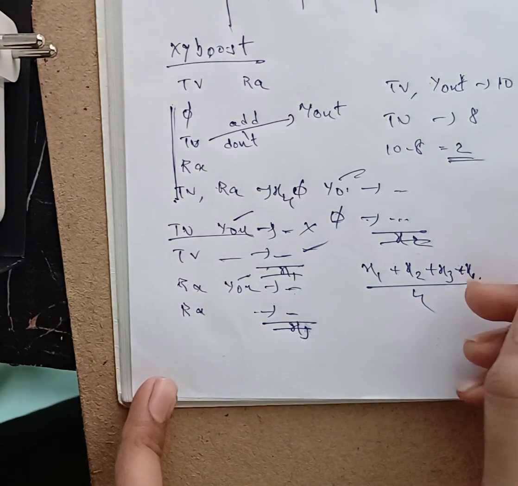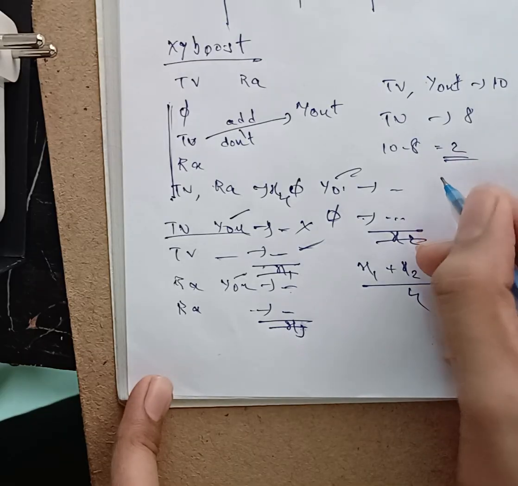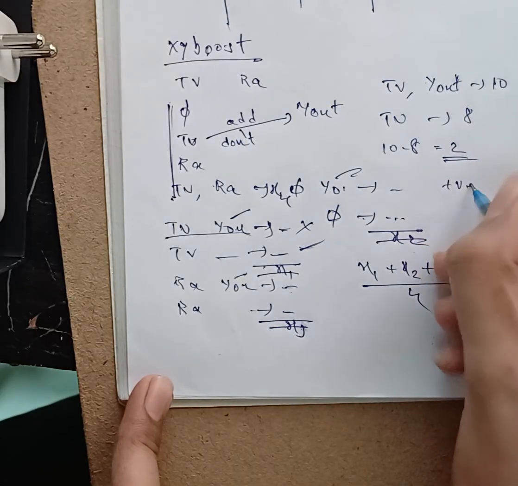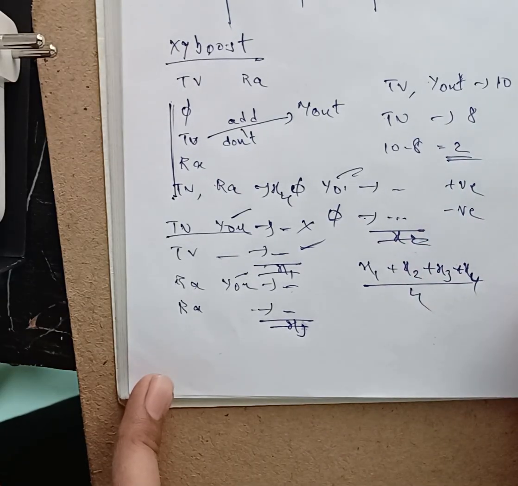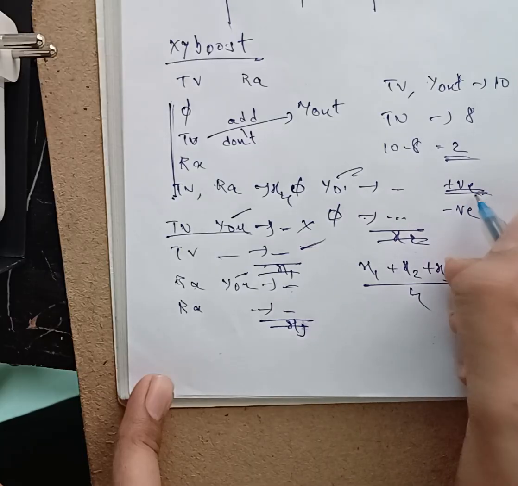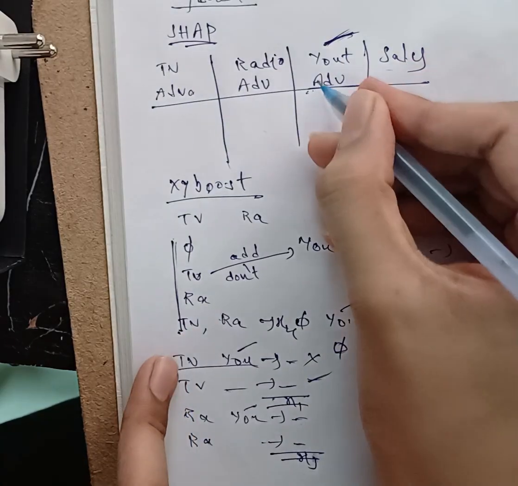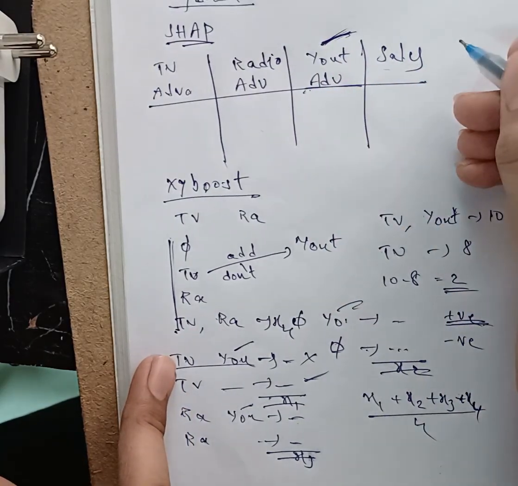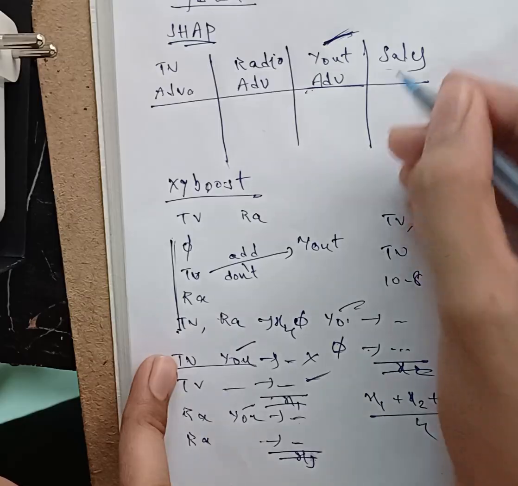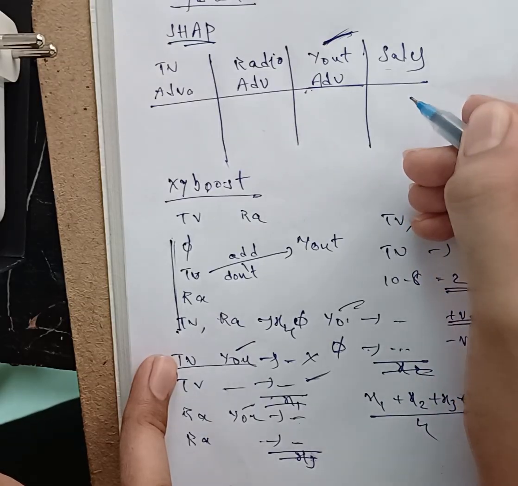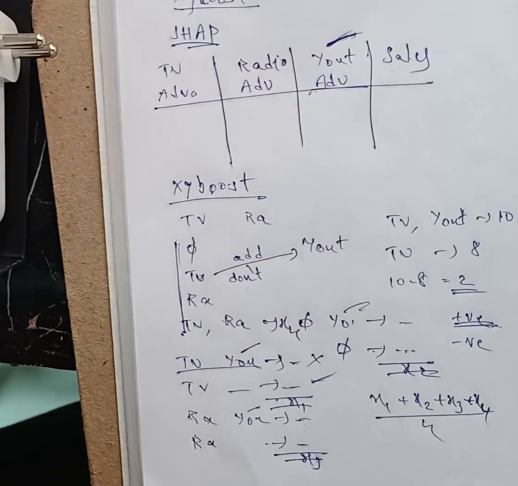This feature importance can be in both ways, positive and negative. Positive importance means it is helping in a positive way. Let's say these YouTube advertisements are increasing the sales. If it is negative, that means it is decreasing the sales. This is how we find the feature importance.